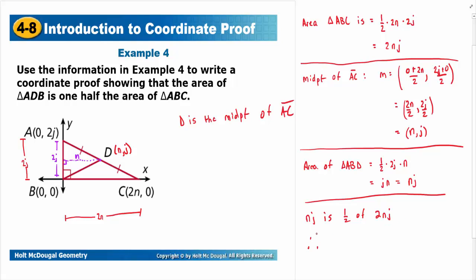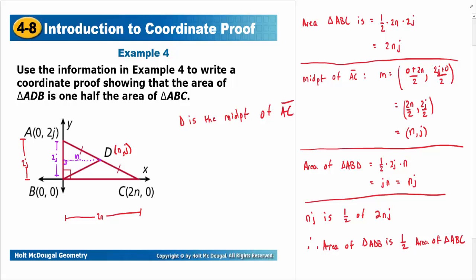Therefore, the area of triangle ADB, am I doing that right? The area of triangle ADB is 1/2 the area of triangle ABC. There you go. There's your proof.